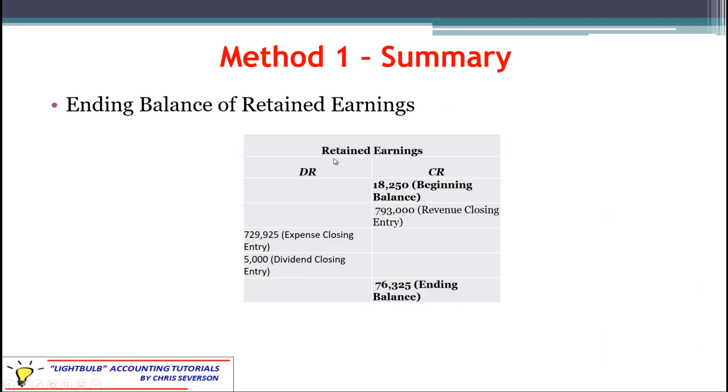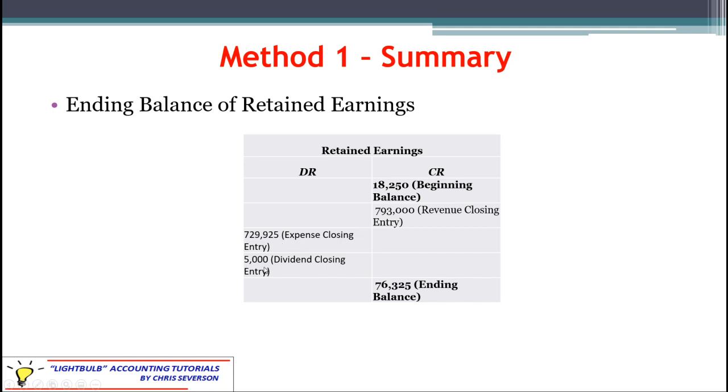Now, if we take a look at retained earnings itself, we're going to see that we started with that $18,250 beginning balance. We had $793,000 when we closed the revenues out. We credited retained earnings. We had a debit to retained earnings when we closed out the expenses of $729,925.